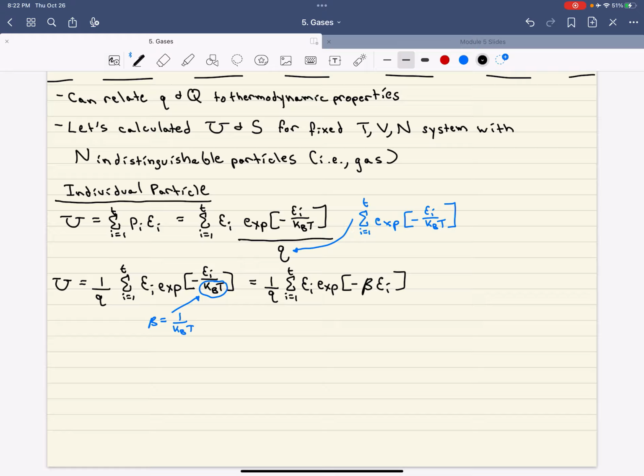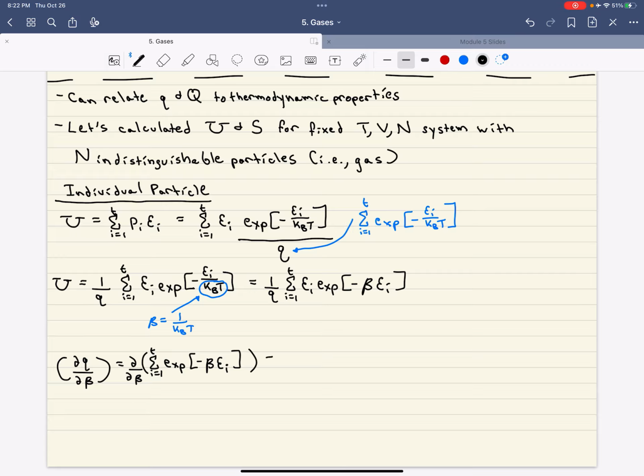Now we have this q, and what I want to do is take the partial derivative of q with respect to beta. Here's our equation for q: the summation over i of the exponential of negative beta epsilon i.